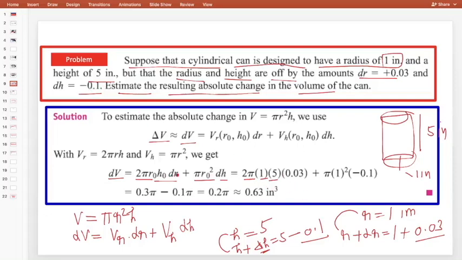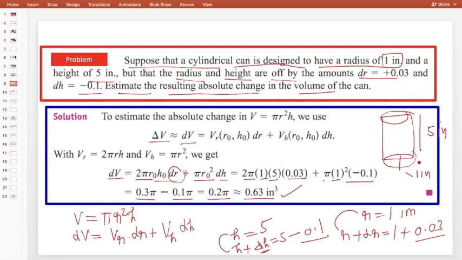Just see, into dr, so dr is 0.03, plus pi into r naught square, meaning radius square, that is 1 square, into dh, which is given as minus 0.1. So once you simplify it, 2 times 5 is 10, into 0.03 is 0.3, so 0.3 pi minus 0.1 pi. Once you subtract, you will get 0.2 pi, that is approximately 0.63 inch cube. So this is the total change in the volume.